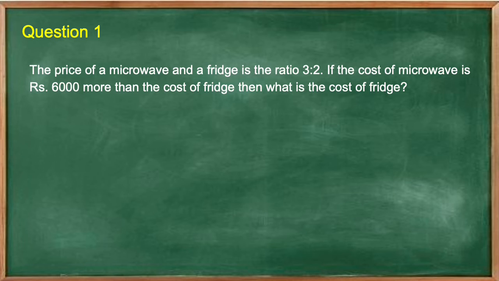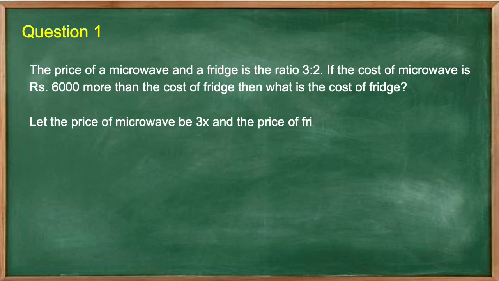Now we can assume their actual prices as 3x and 2x. Let the price of microwave be 3x and the price of fridge be 2x. And both the values should always be multiplied with the same variable. So it can't be x and y. So 3x and 2y will be wrong.